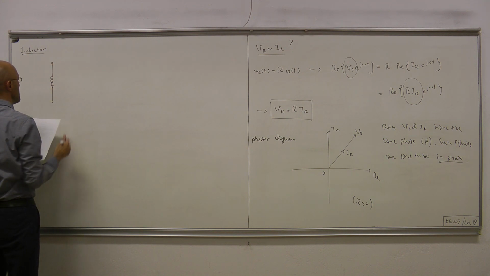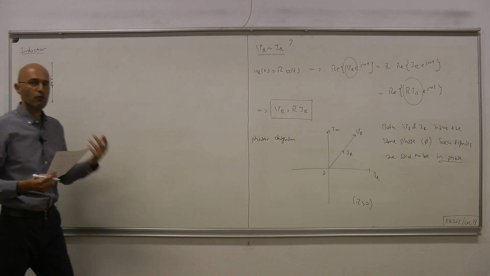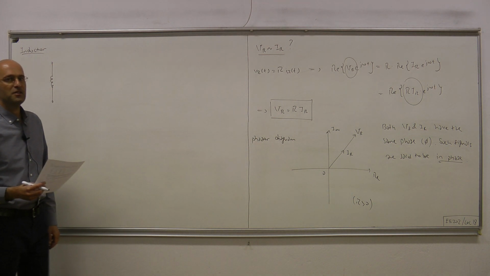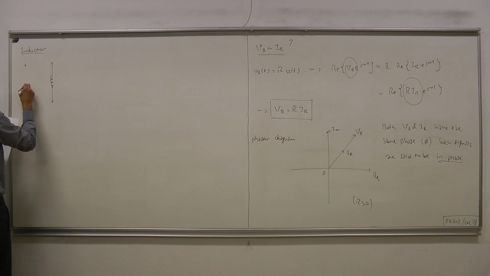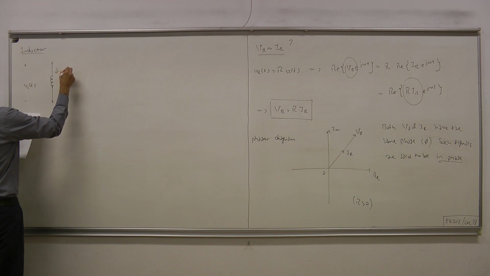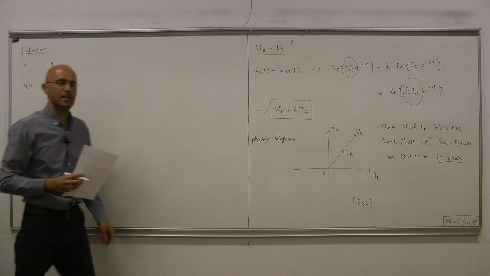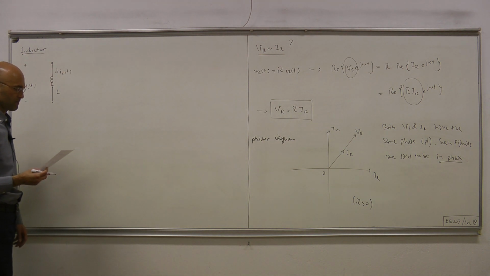Okay, this is our inductor. It's part of a circuit, an LTI circuit that's in sinusoidal steady state. This is the voltage, the current, and L indicates the inductance of our inductor.